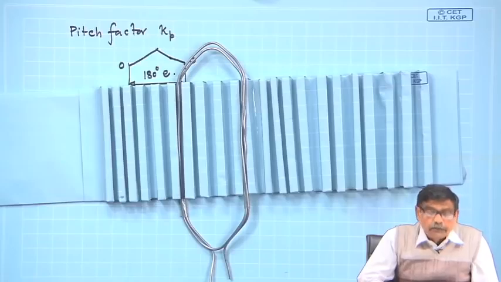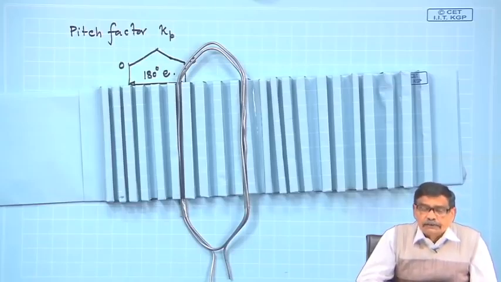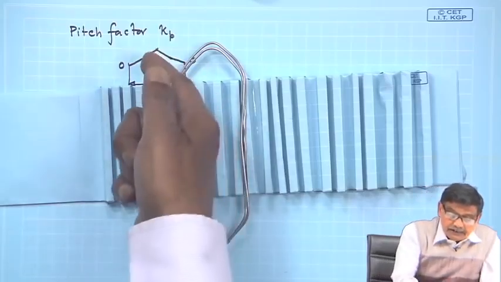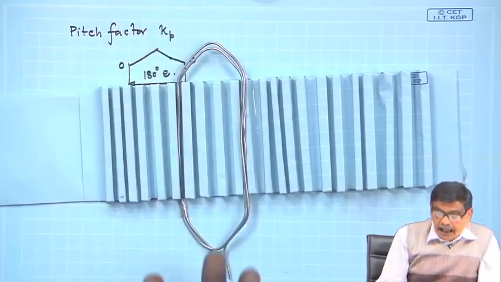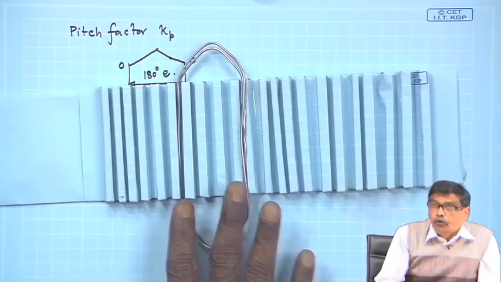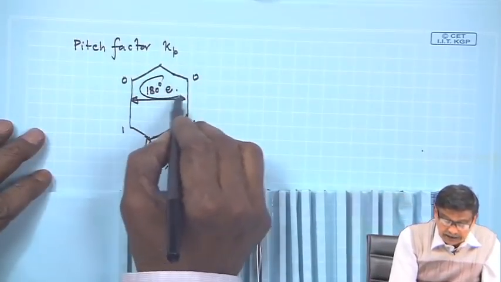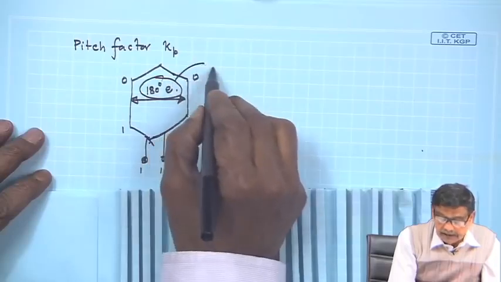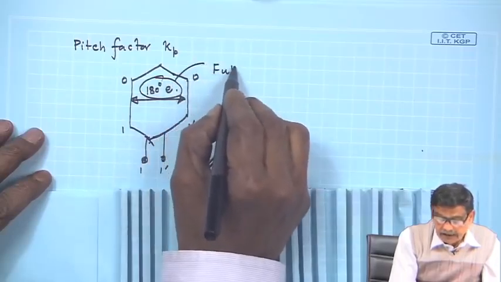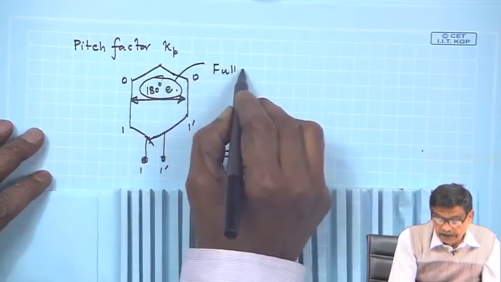Now, I will explain why it will be less and by what factor it will be less, and that factor is called the pitch factor. Had the coil been a full pitched coil, so such a coil which is having 180 degree electrical coil span is called in literature as full pitched coil.